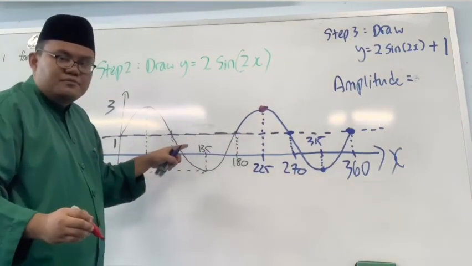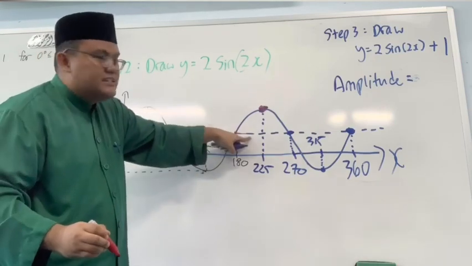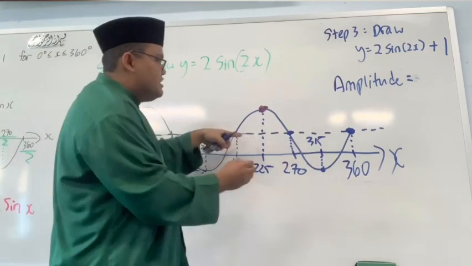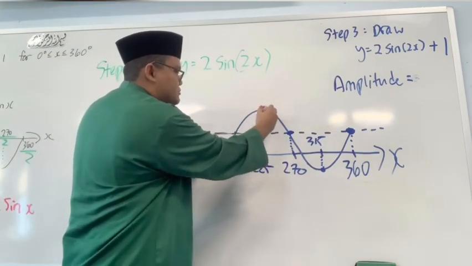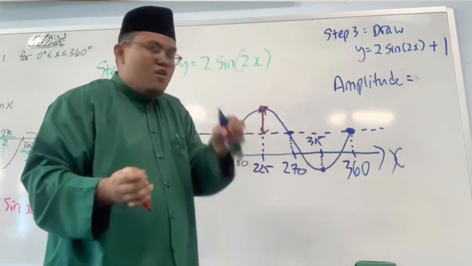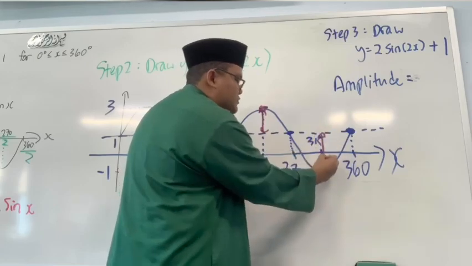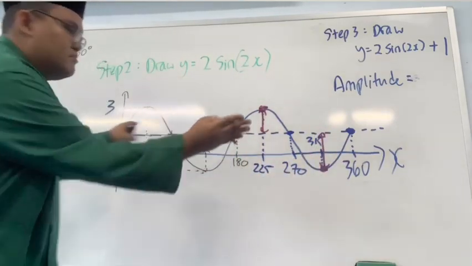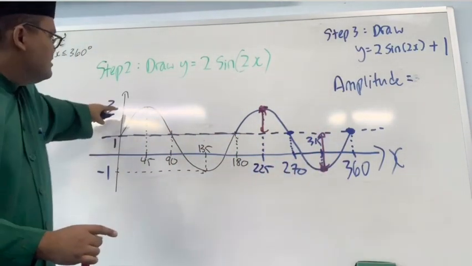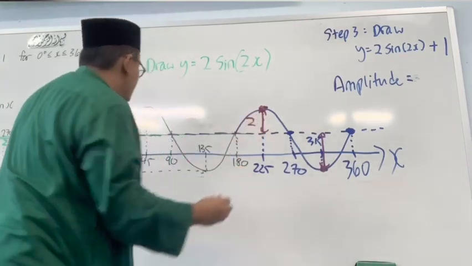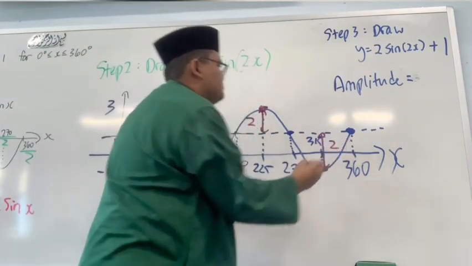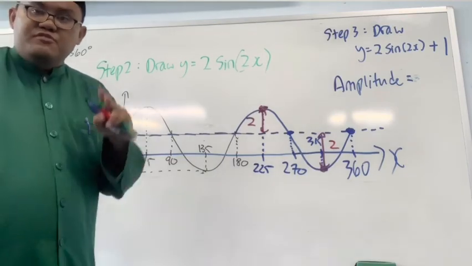For our graph, our axis of curve is here, the dotted blue line. So it's the distance from here to here, or it can be from the lowest point to the axis of curve. And the whole thing is actually 2. This one also 2. So our amplitude is 2.